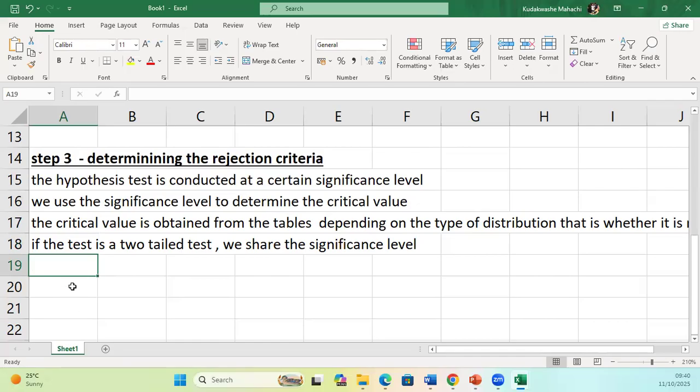So step number 3 is to get the critical value, but the critical value is obtained based on the level of significance, and not just the level of significance. We also consider whether it's a one-tailed test or a two-tailed test. Then after step number 3, after you've obtained the critical value, which you will use to either accept H naught or reject H naught, we move to step number 4.